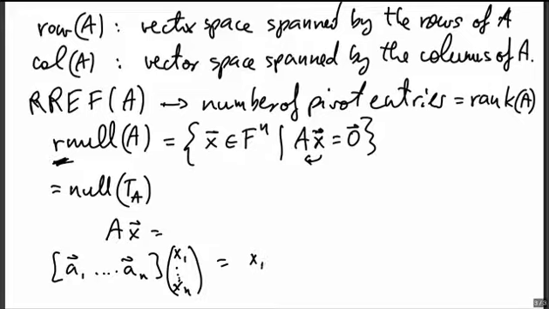What this gives us is a linear combination of the column vectors. So this will be actually an element of the image of the TA transformation.